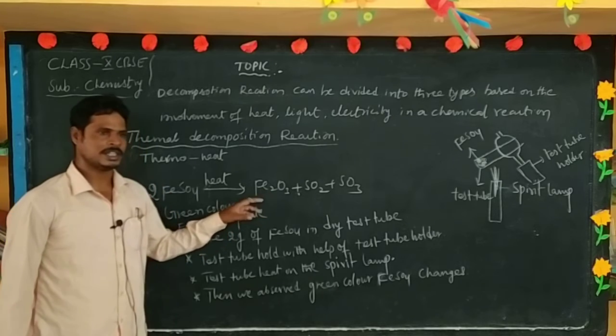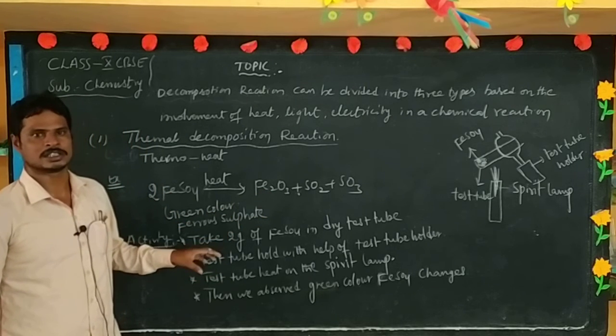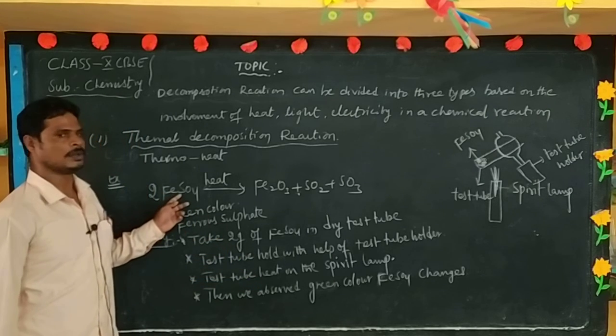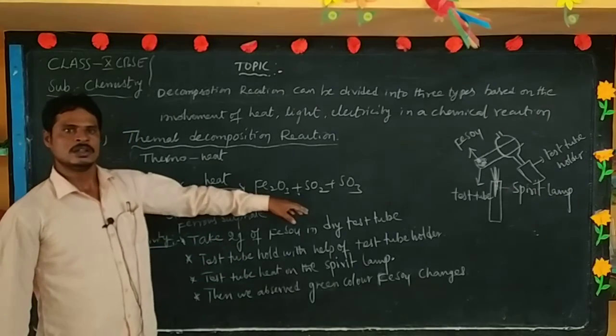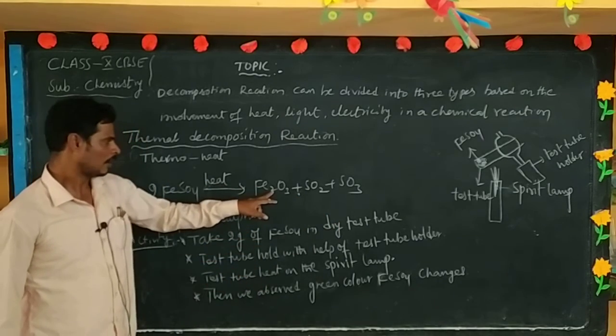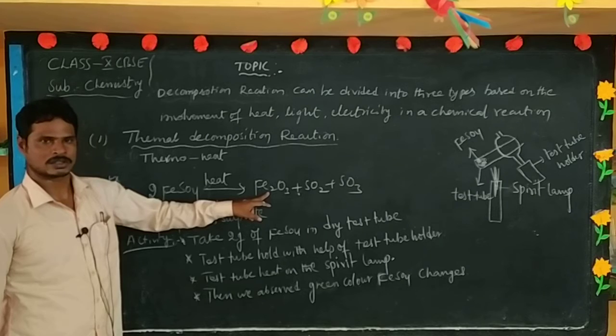Very, very important. Are there any changes? Yes, there are changes. What kind of changes do you observe? The green color ferrous sulfate becomes a different color. So what is the reason? Because of formation of ferric oxide.